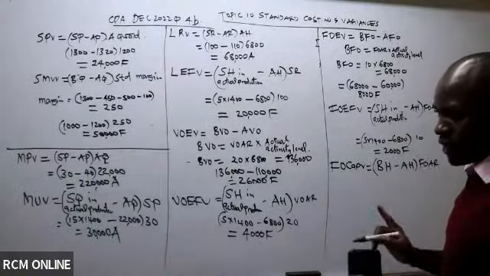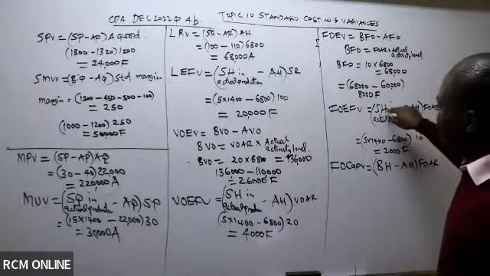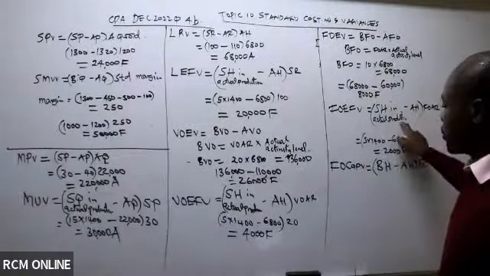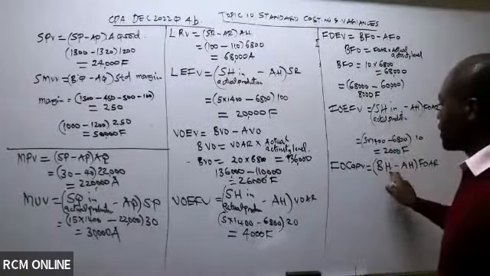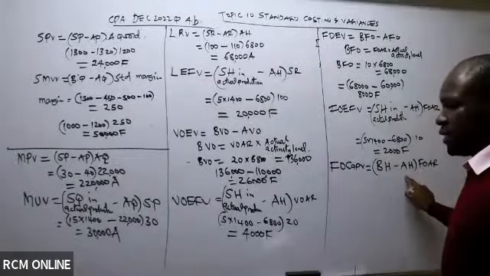Very simple. The only difference is, under efficiency we are talking about standard hours in actual production. Here it is standard hours in standard or budgeted production. So that's why we talk about budgeted hours.